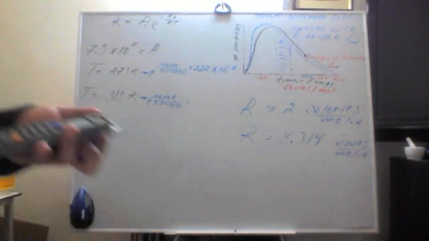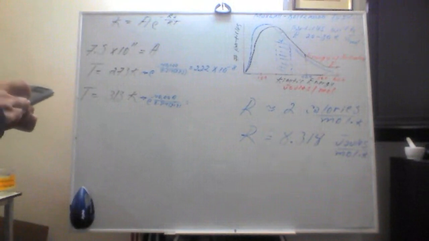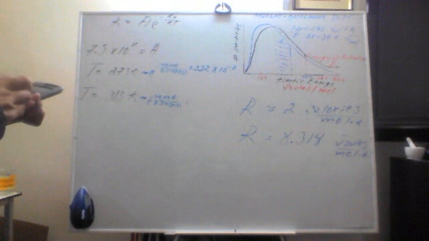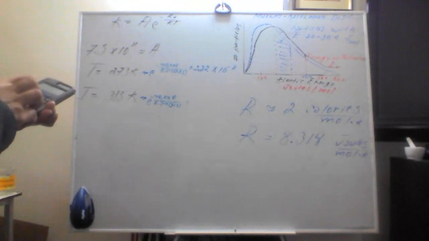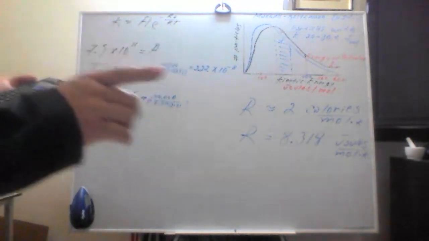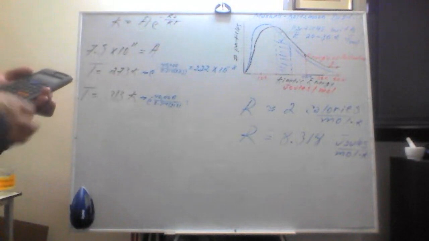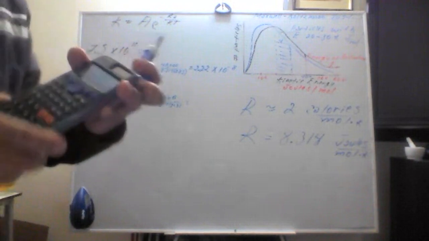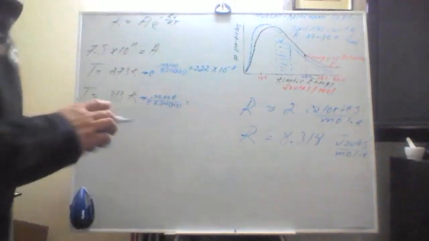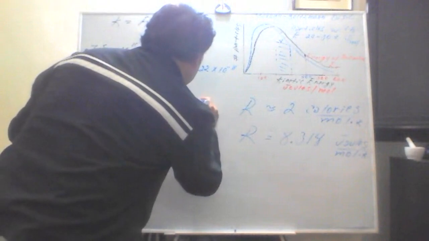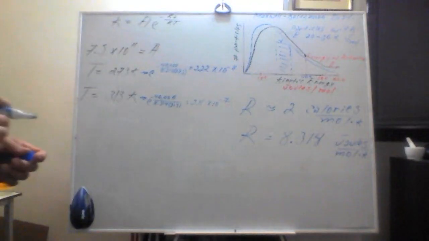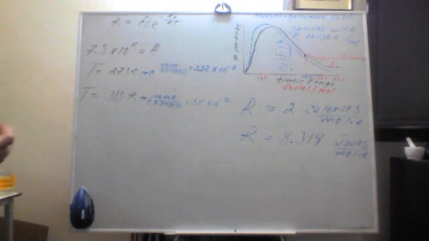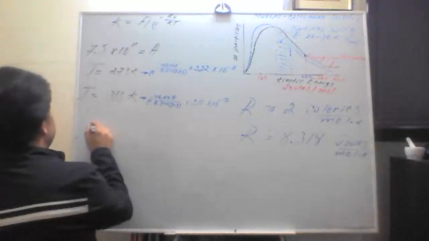Let's try the other number. So we get the same e number, minus 40,000 is the activation energy. We use the constant times, this time we're using 313 Kelvin, not 273. Then we get this: 2.11 times 10 to the minus 7. Now we take the ratio of the two numbers, and the ratio of those two numbers is going to give you the ratio of the rates.